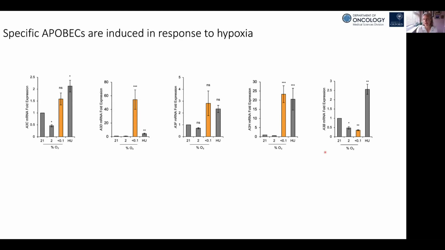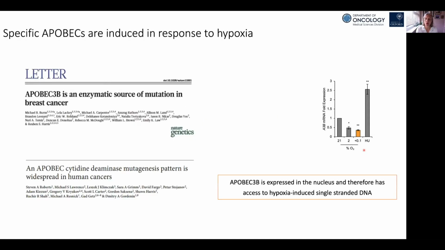Somewhat disappointingly, we didn't see a hypoxia induction of A3B. So this is disappointing because A3B is one of the 2 apobecs which have been linked to this mutational signature in cancer. So it's apobec 3A, which is not expressed in our cells, and apobec 3B, which really drive the accumulation of this mutational signature in cancer.